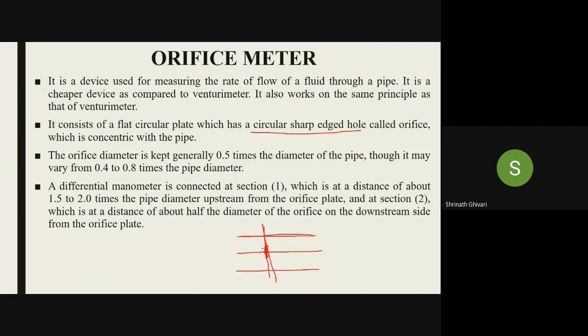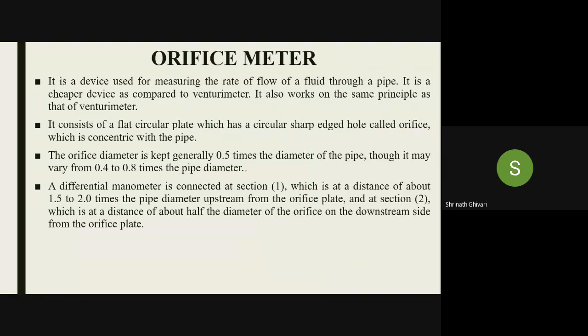Imagine the front view: this is the pipe in which I placed a circular plate, and this is the hole. This is also known as an orifice, that's why it's called an Orifice meter. The orifice center and the center of the pipe are concentric, meaning they lie on the same center.